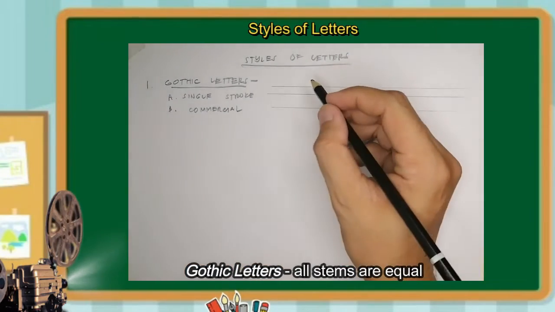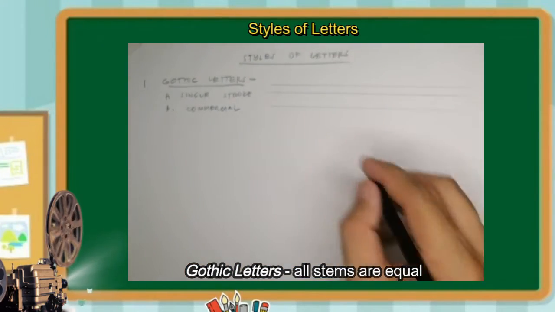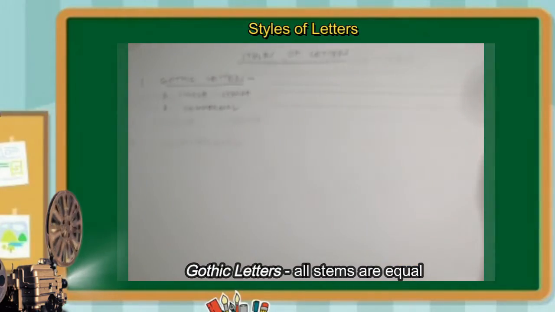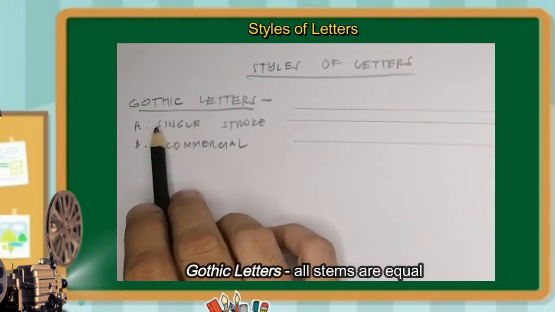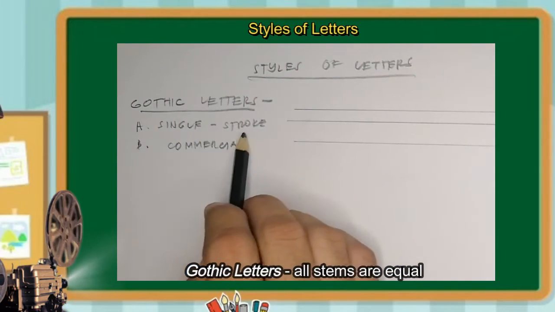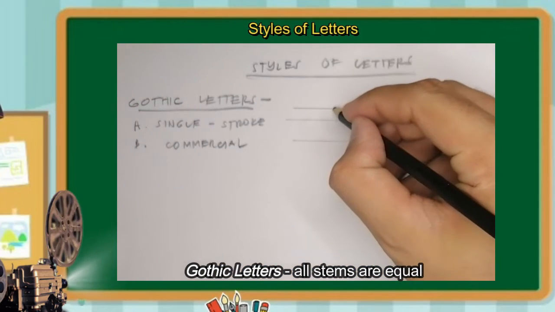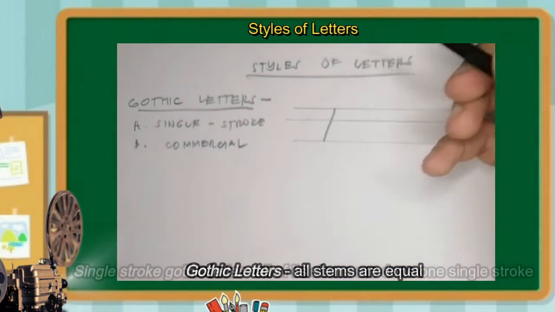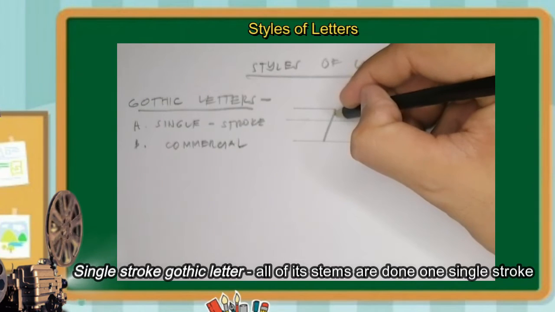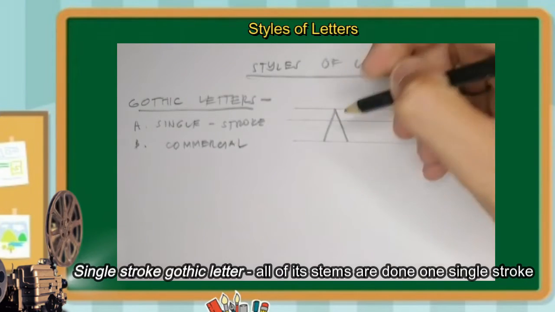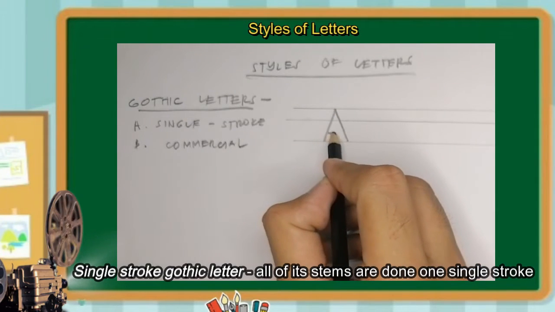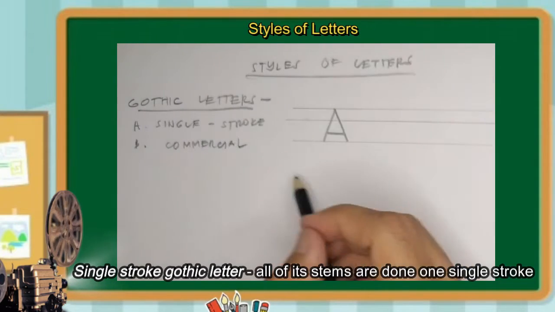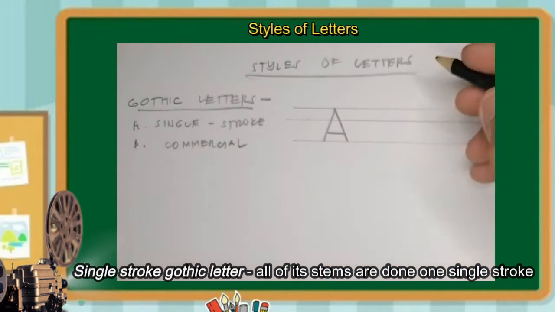For the first one, again, we'll be using letter A as our sample. For our single stroke Gothic letter, from its term, all of them are created in only one stroke. It's just one stroke. So this one is an example of a single stroke Gothic letter.